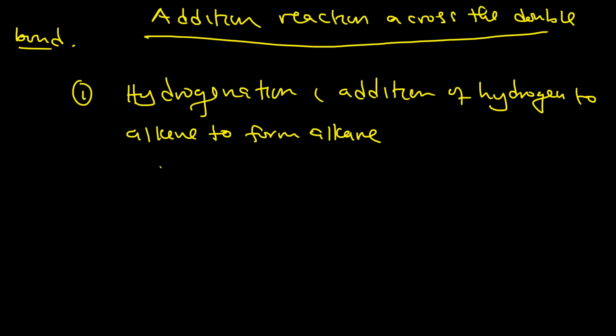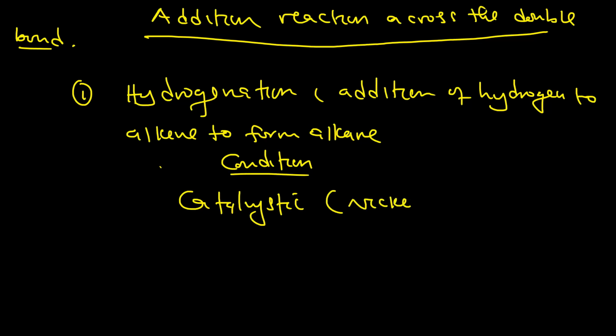Now, looking at the condition for hydrogenation, it occurs in the presence of a catalyst. Very important to understand the condition. Nickel acts as the catalyst. Aside from nickel, the other condition is the temperature, around 300 degrees Celsius.